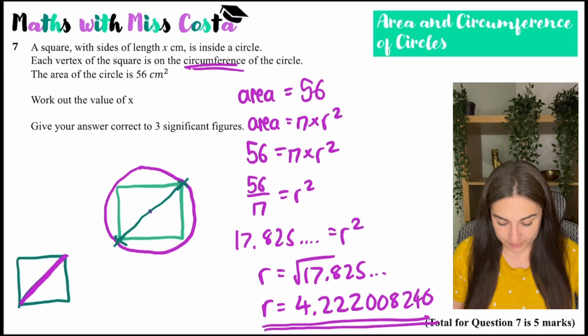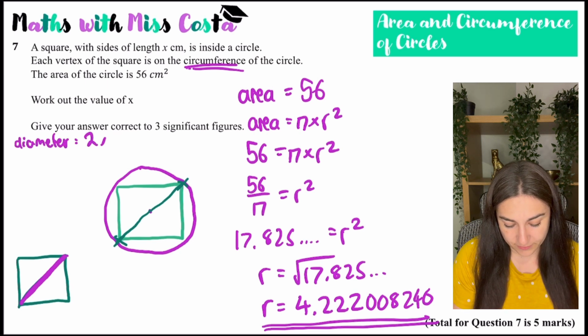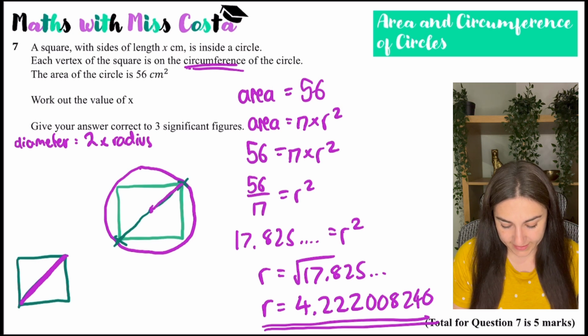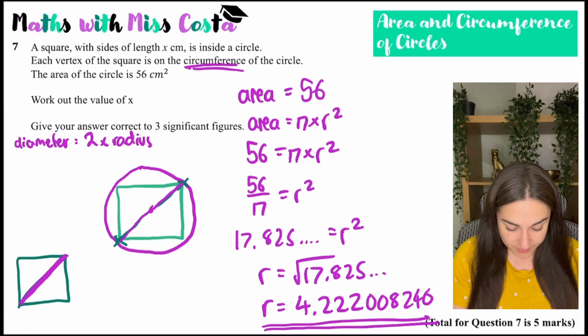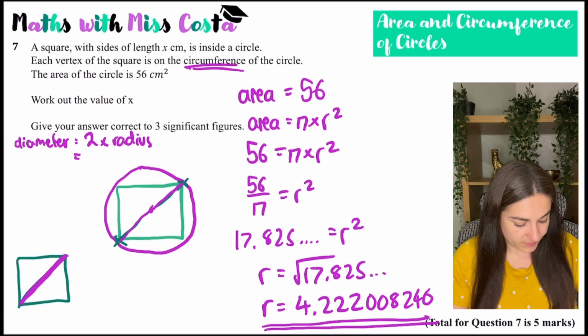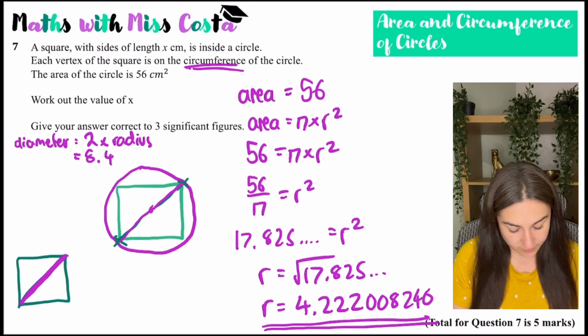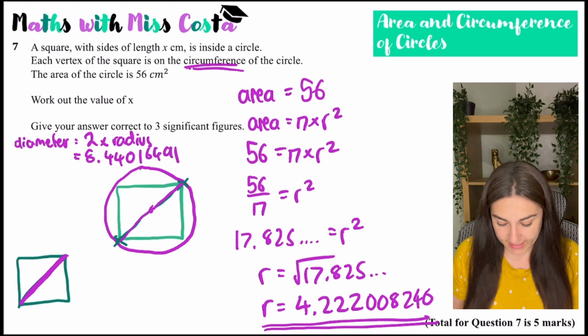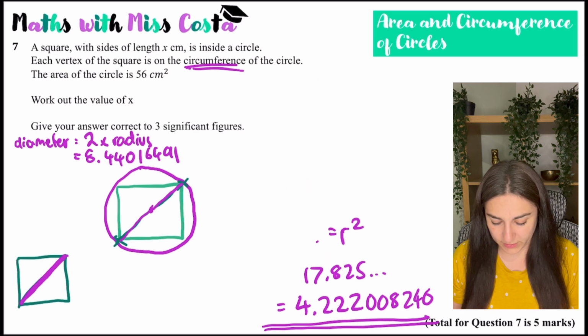So if I times the radius by 2, because the diameter is 2 times the radius, because if you think about it, that is your radius and that is also a radius, so 2 lots of it make your diameter. So the diameter is times by 2, 8.44016491.